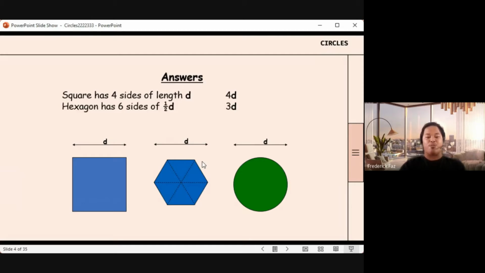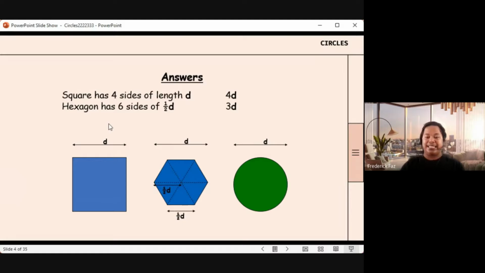Hexagon has six sides of 1/2 D. So tingnan po natin, this length is equal to 1/2 D since ito po ay ang whole length po nito ay D. If we're going to half it, we have 1/2 D. Ibig sabihin, this side is also 1/2 D po. Since hexagon has six sides po, we are going to multiply 1/2 D by 6. So we have the product of 3D po.